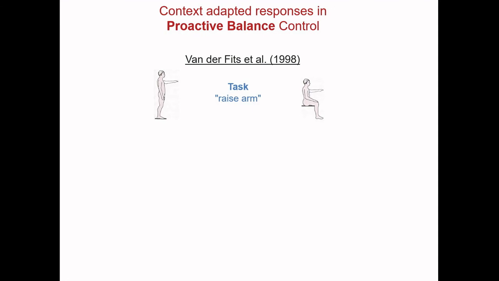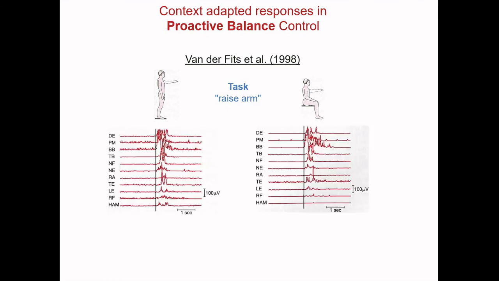Let's look at one last example of how proactive balance is adapted to the context in which it's performed. Here we're going to compare the task of raising your arm while seated to the task of raising your arm while standing. Here we see the EMG time series for neck, trunk, and leg muscles.